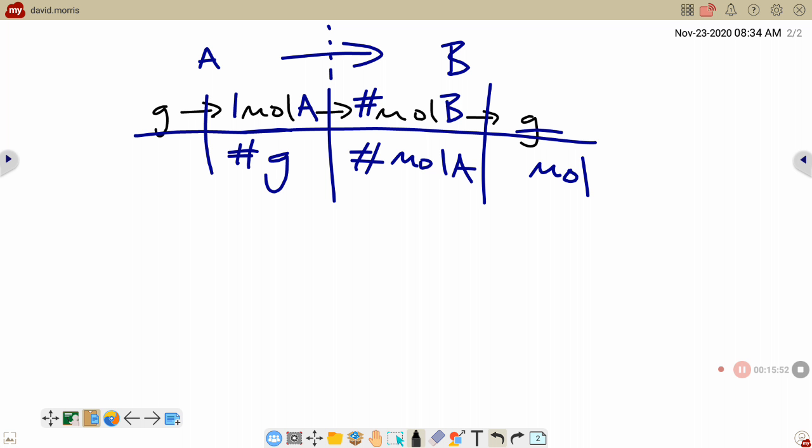Whereas over here, I need to have an amount of grams for B, some molar mass, right? This comes off your periodic table. This is always 1 mole though, right? Some people get caught up in that. It'll say 2 moles of B here, so they think, oh, 2 moles of B is this mass, right? It's always 1 mole. You could do 2 moles of B, but then you'd have to double the mass.